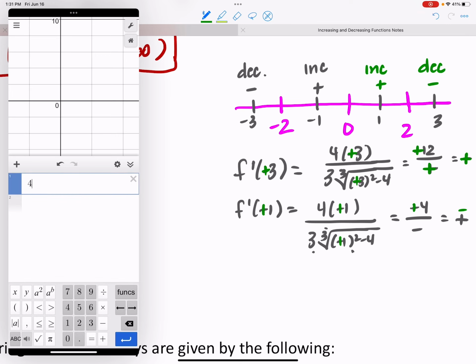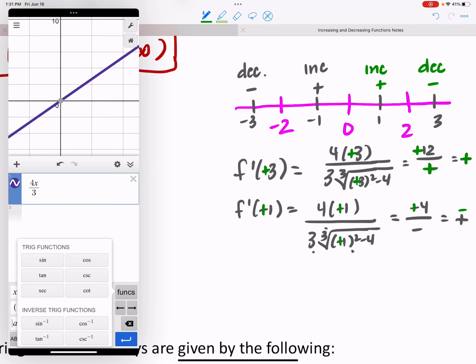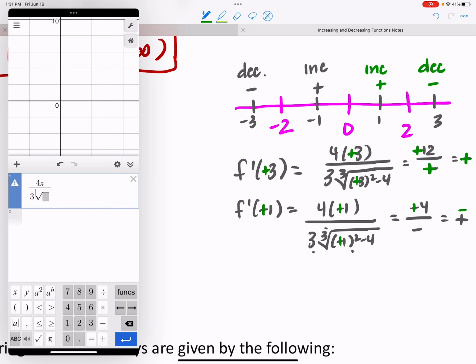So we had 4x over 3 times the cube root of x squared, and then minus 4. This takes a minute, especially if you have fat fingers.